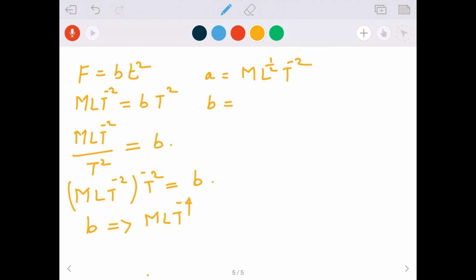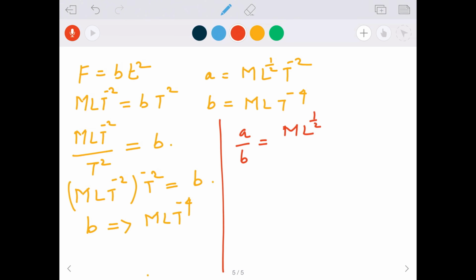So we want to take the division of these two, that is A by B is equal to [M][L]^(1/2)[T]^(-2) divided by [M][L][T]^(-4).